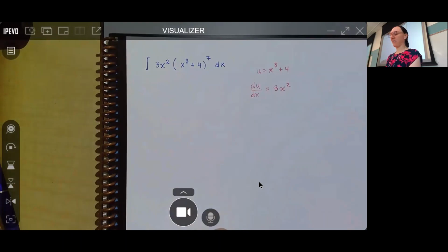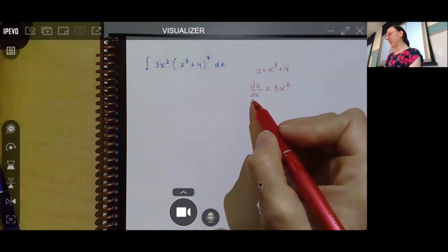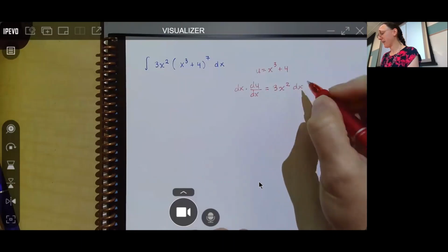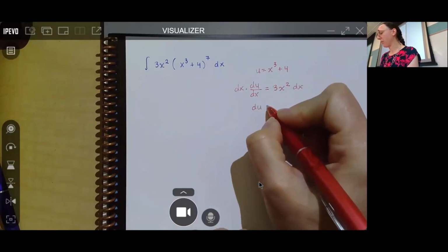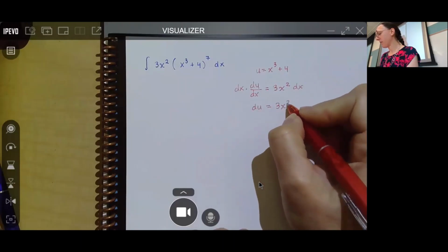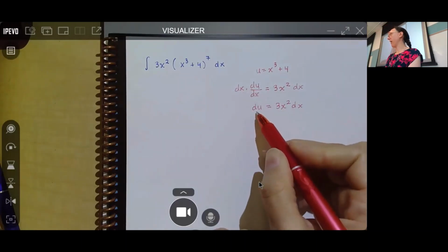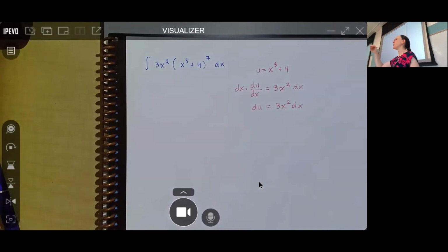Because the very next thing I want to do is multiply both sides by dx. And in the future, I am going to skip that middle step and just come straight to here. Because I'm going to need to do that step every single time I'm doing a u substitution.